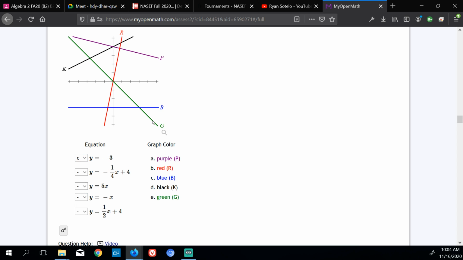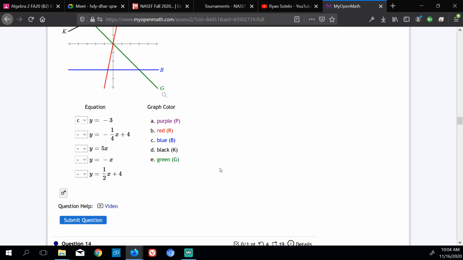All right. Of the rest of them, K has a positive slope, the black line. R has an even steeper positive slope. K crosses at 1, 2, 3, 4. So which one has a positive slope that crosses at 4?